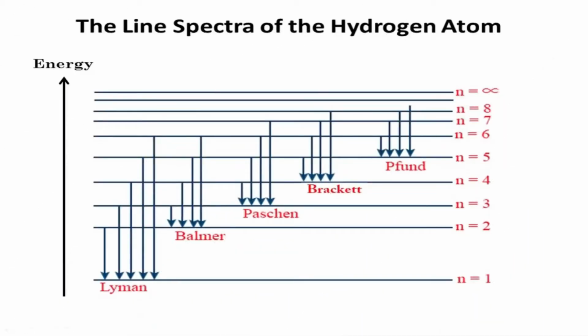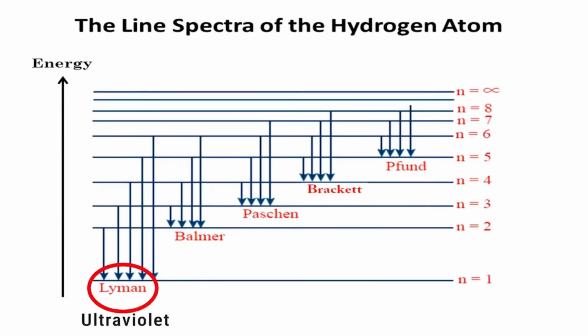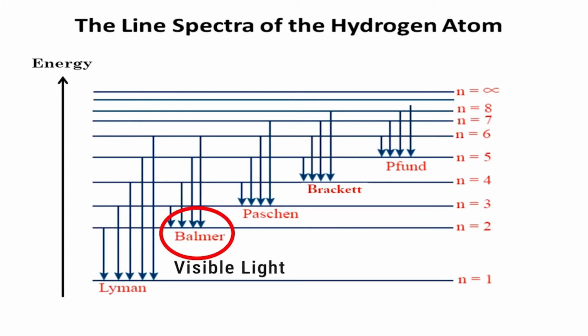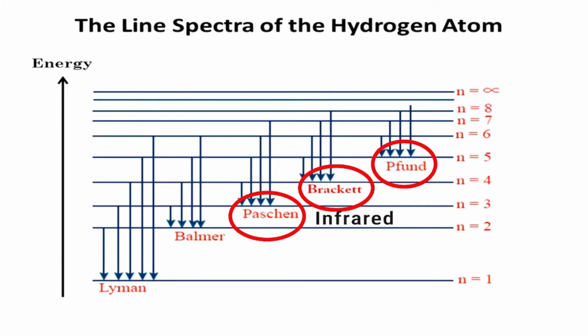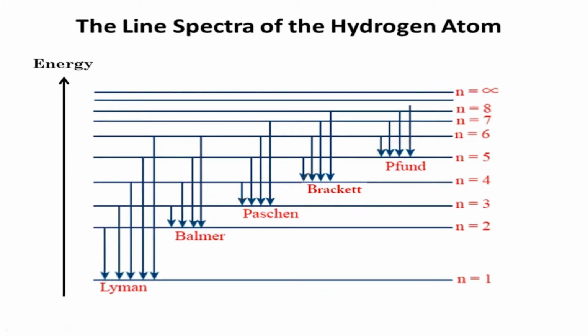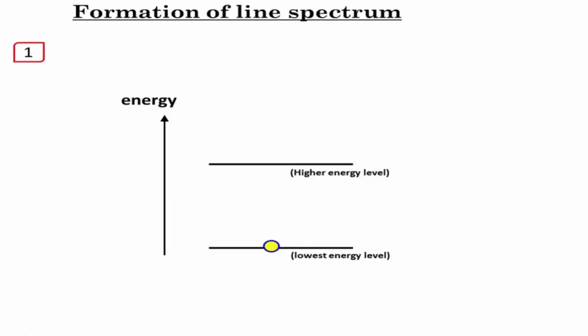The emission can also occur at different regions to give different series of line spectrum. For example, emission occurs at ultraviolet region to give Lyman series. For Balmer series, emission occurs at visible light region. For Paschen, Brackett, and Pfund series, the emission occurs in infrared region. In the next slide, I'm going to introduce in detail how to form the emission line spectrum. First, hydrogen atoms are put in the discharge.